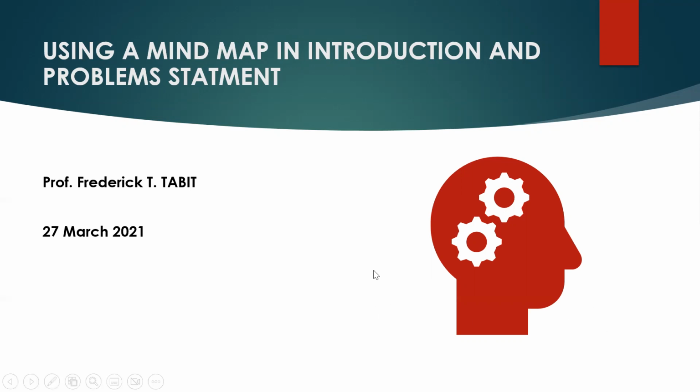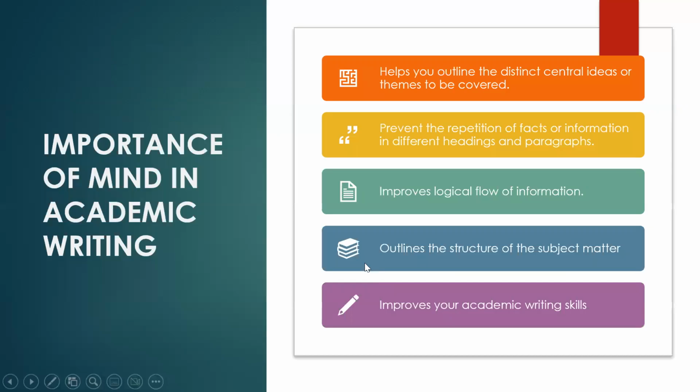Okay, so before I proceed, I would like us to look at some of the importance of using mind map when you are writing. Okay, so the importance of mind map in academic writing.